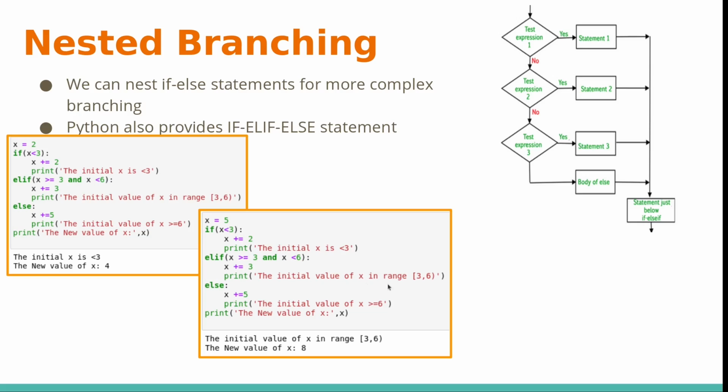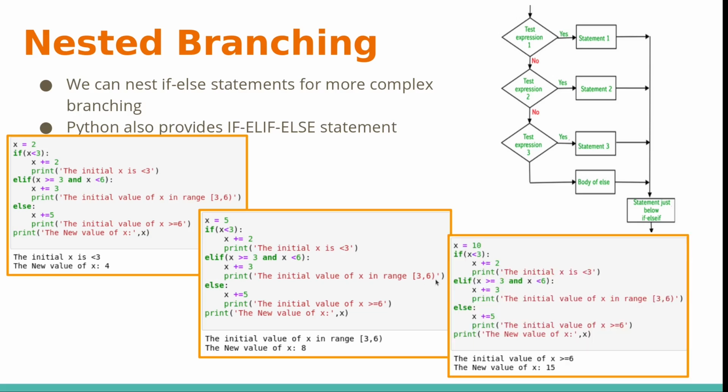And it also prints what's in here. Similarly, if I were to put x equal to 10, neither the if nor the elif will be valid. So it'll go straight to else, add 5. It added 10 plus 5 and gave me 15, and it also printed that the initial value is greater than or equal to 6. Notice here I only show one elif, but you could have multiple elifs, as many elifs as you need, and the last statement is put as else.